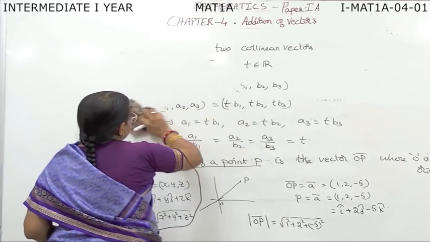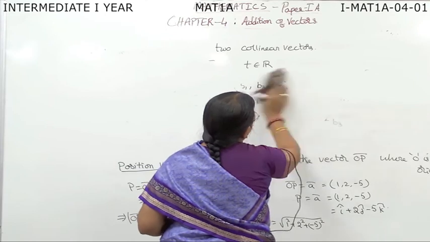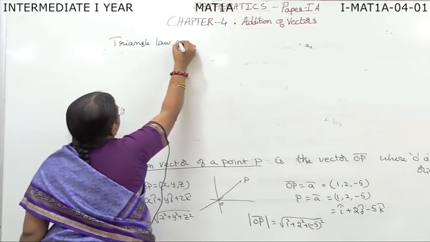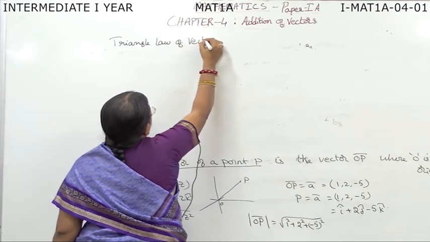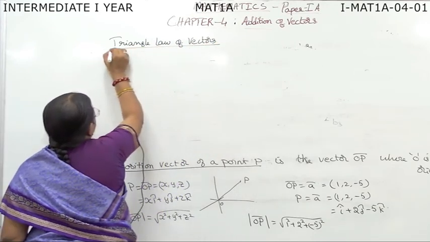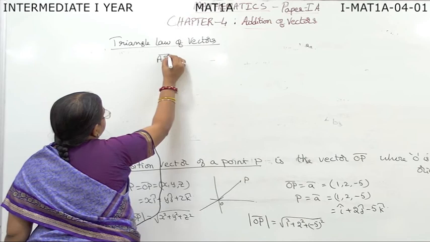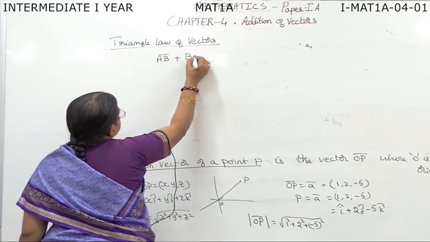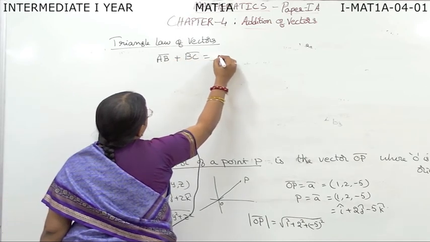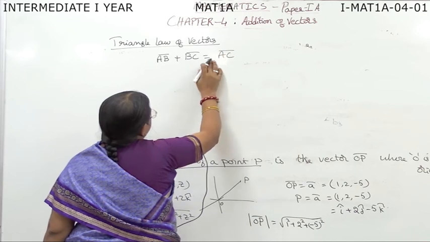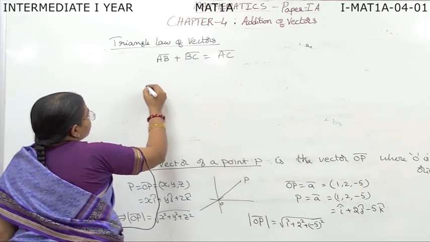So next is the triangle law of vectors. What is this triangle law of vectors? Suppose that AB is a vector and BC is another vector, then their sum is equal to AC.